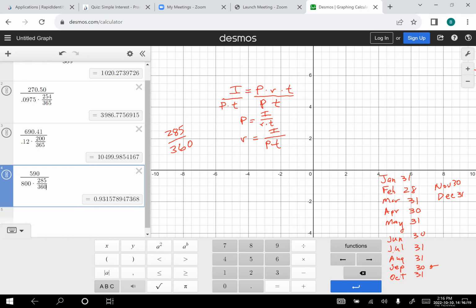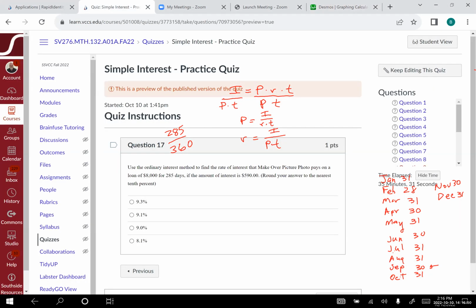Yes, I had the same answer. All right, makes me feel good. Oh, it's supposed to be 8,000. You're right. Threw me off one decimal place. Thank you for catching that. You're welcome. All right. So it's 0.093, which is 9.3%. There it is.